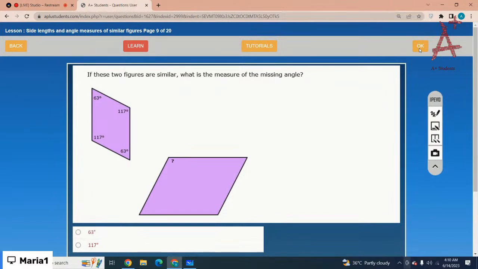Okay, if these two figures are similar, what is the measure of the missing angle? So which is the correct option?